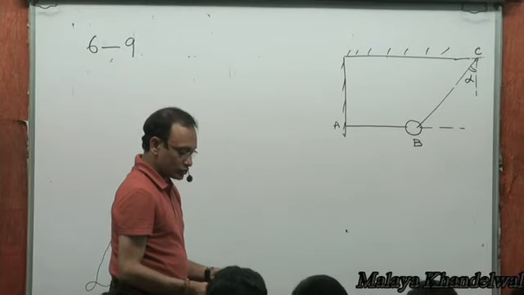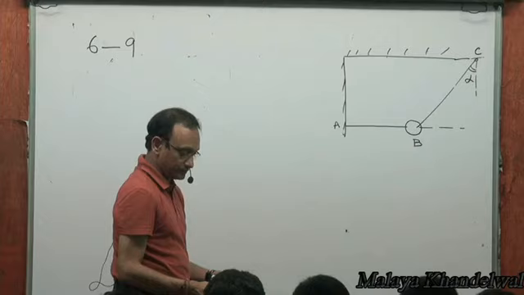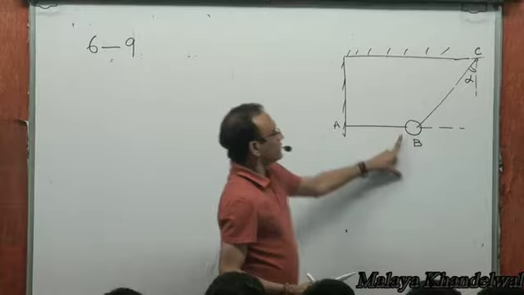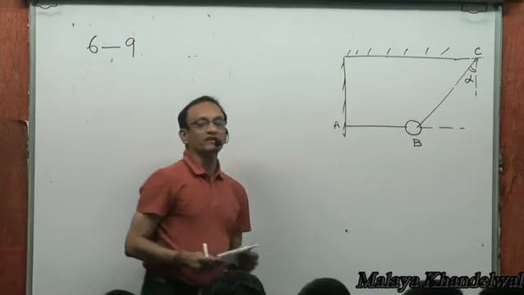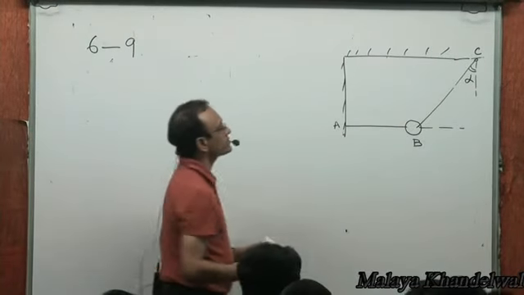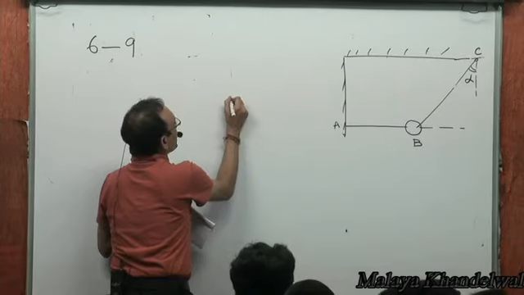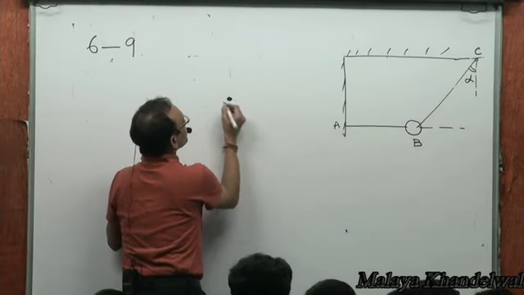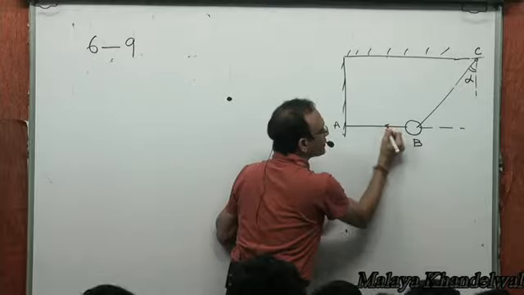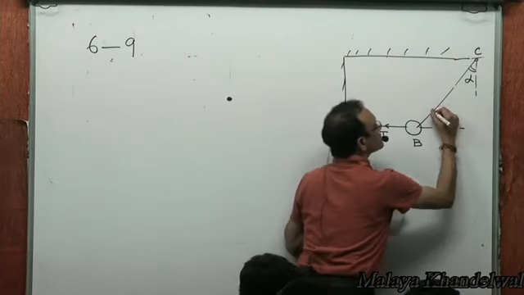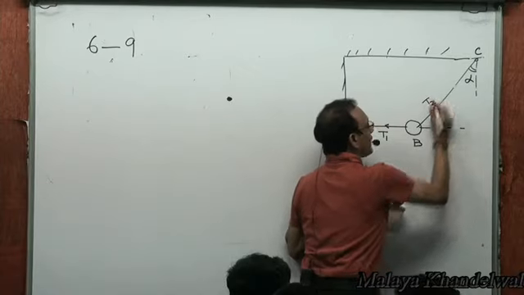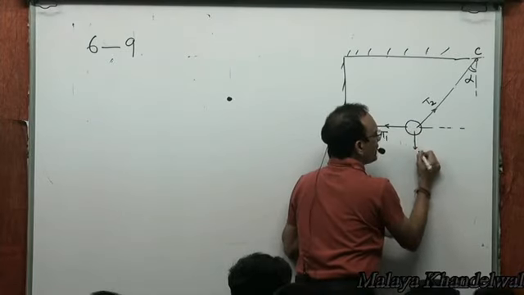Now we want to be able to answer the question. Now, in this state, we want to be able to find the tension in the two threads, right? Look at the free body diagram of B. There is tension T1 like this, there is tension T2 like this, and there is weight mg like this.